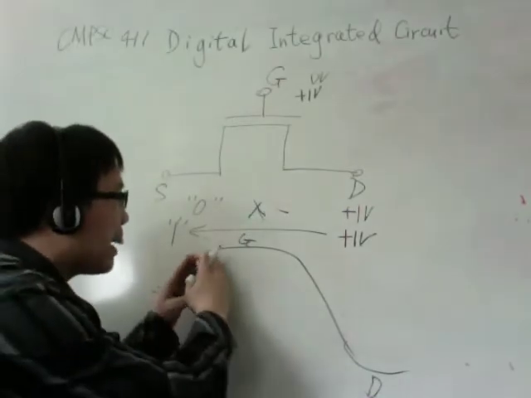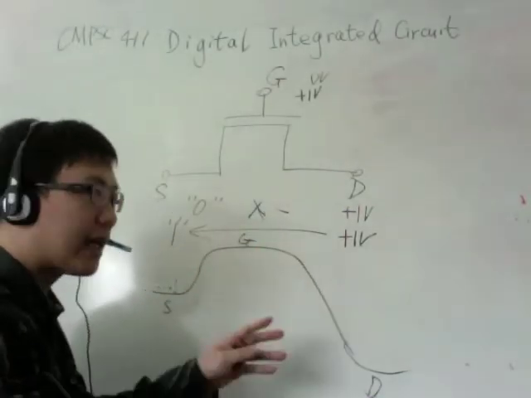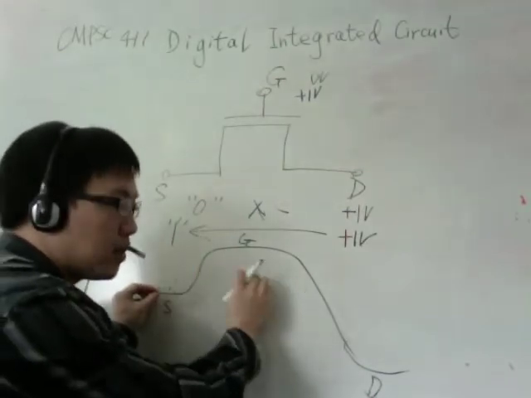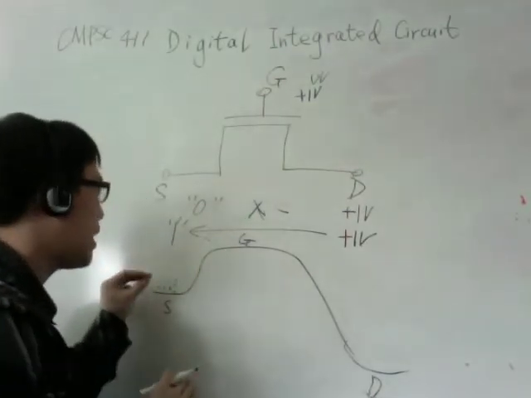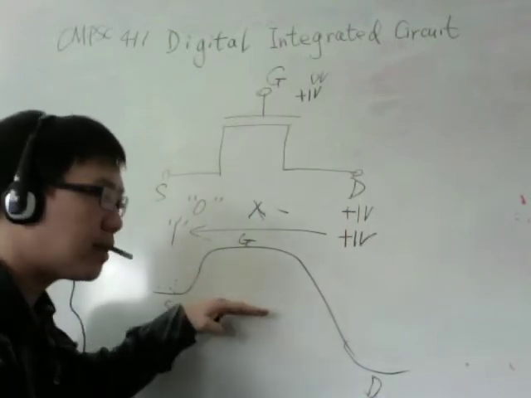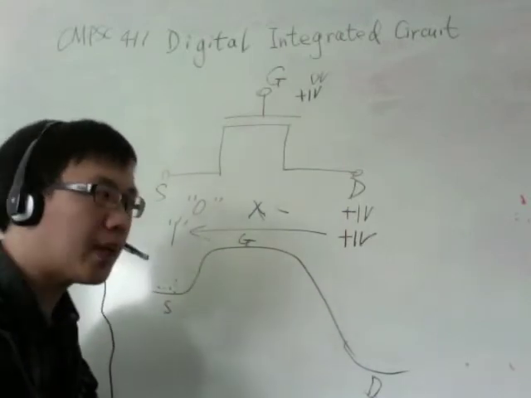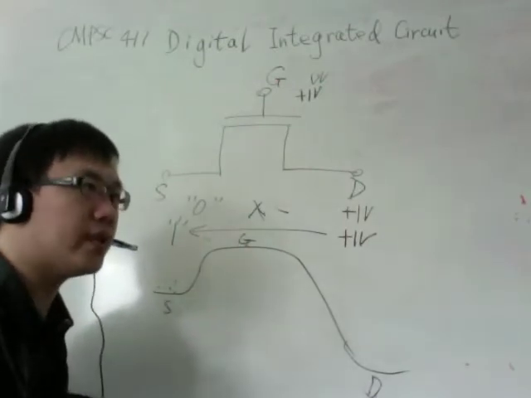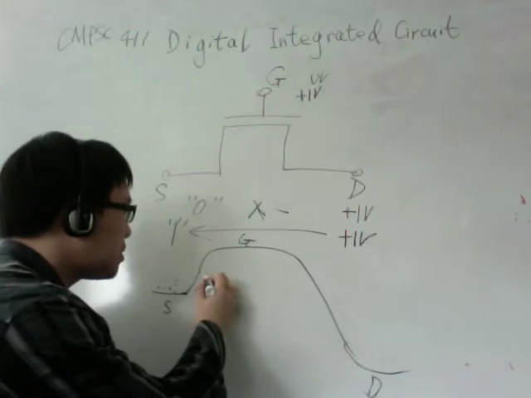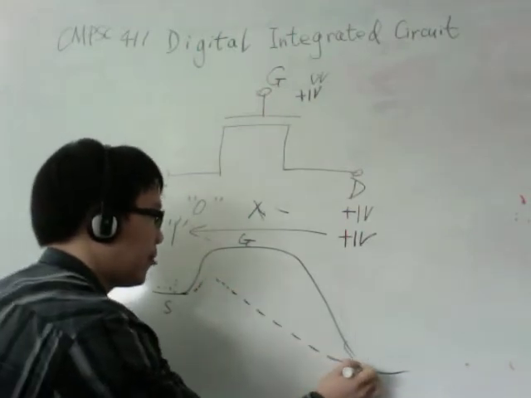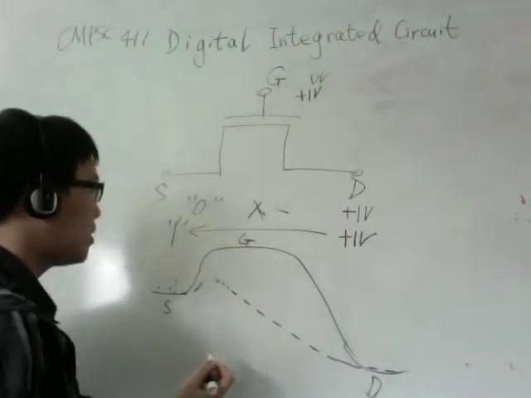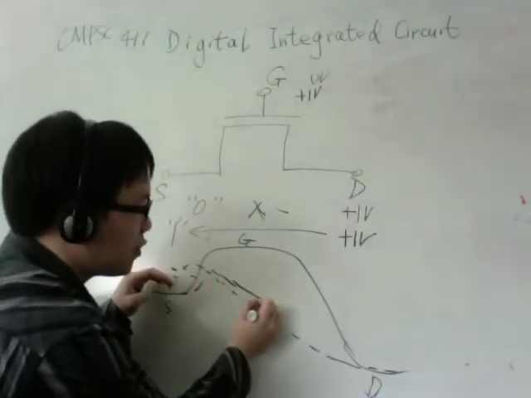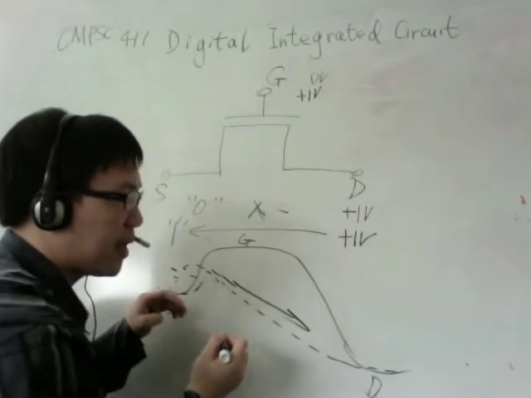When there is a high barrier here, sort of like a mountain, the water cannot flow through the mountain to the drain, which means the electrons can't pass through the barrier to the drain. But when you apply a voltage on the gate, the mountain is removed. The barrier goes like this one. And now the water has a chance to flow through to the drain.